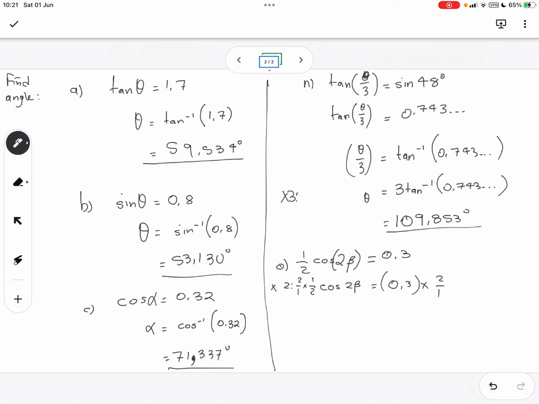So I get 1 times cos 2 beta, and I get 0.3 times 2 on the right-hand side of the equation. Therefore, I am only left with cos of 2 times beta equals 0.6. That's why the step looked like it skipped something.